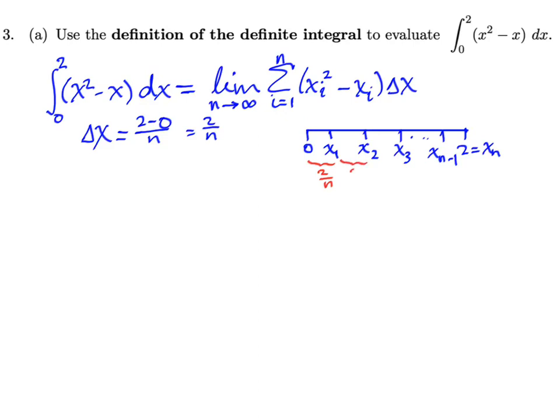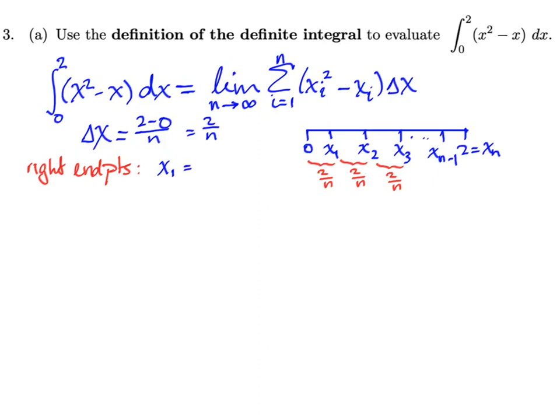Then the distance to the next one is 2 over n, and the distance to the next one is 2 over n. They're all spaced evenly apart. So we can write down what the right endpoints are, and maybe look for a pattern to see what the ith right endpoint would look like.